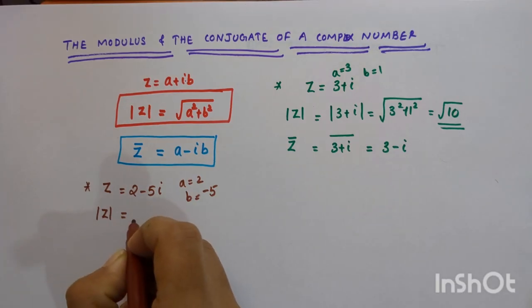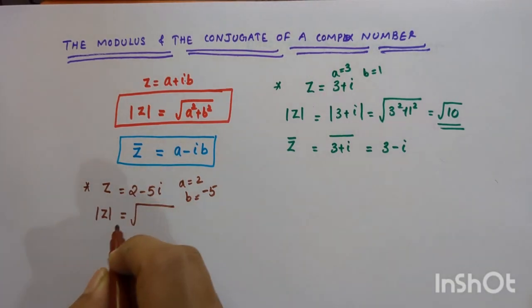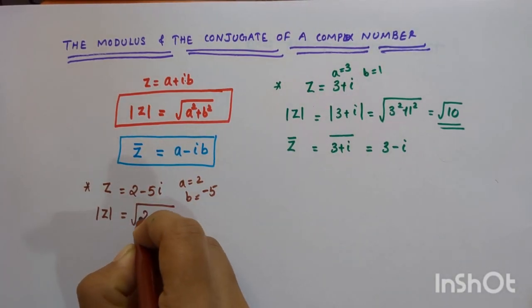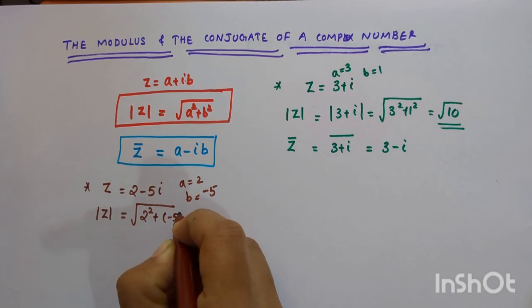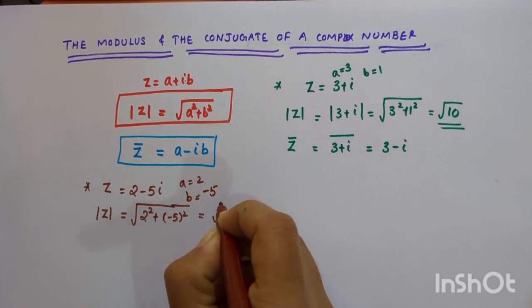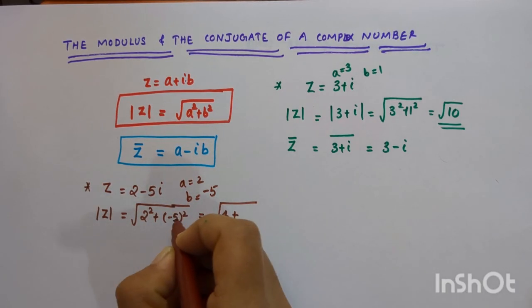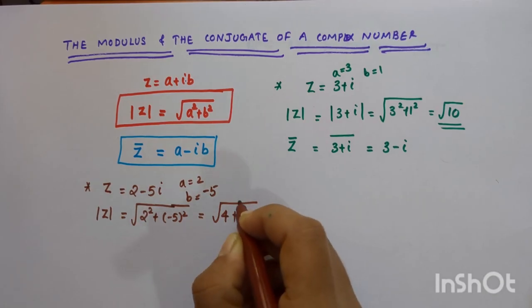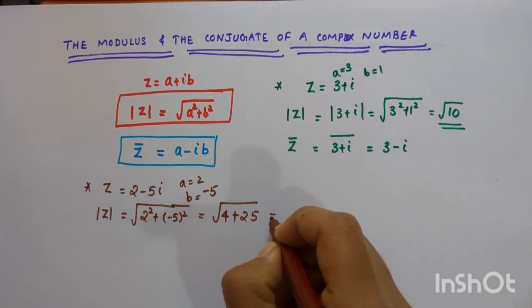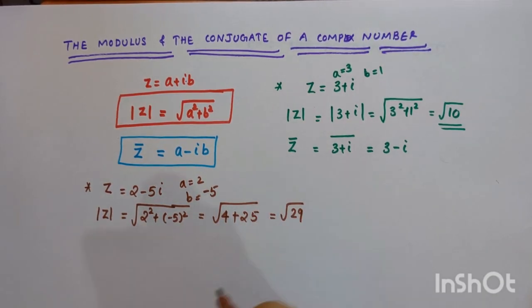So modulus of z will be equal to square root of a square plus b square, that is square root of 2 square plus minus 5 square, which is square root of 4 plus 25. This is equal to square root of 29.